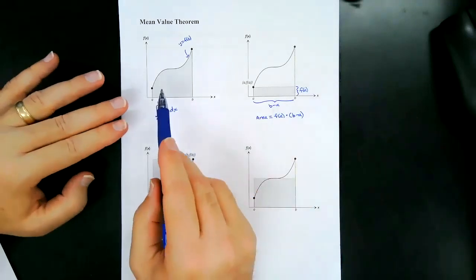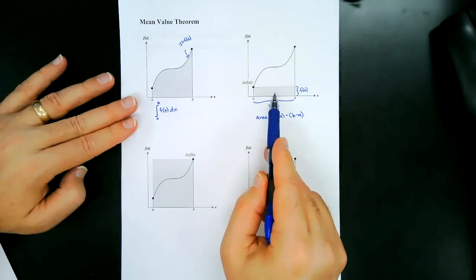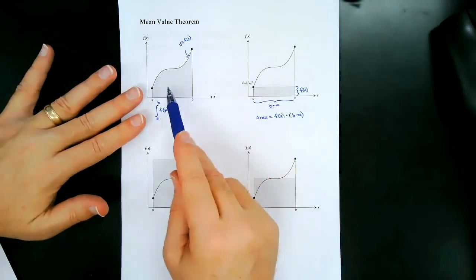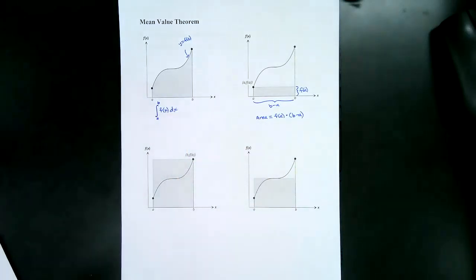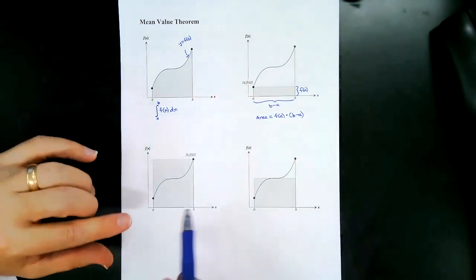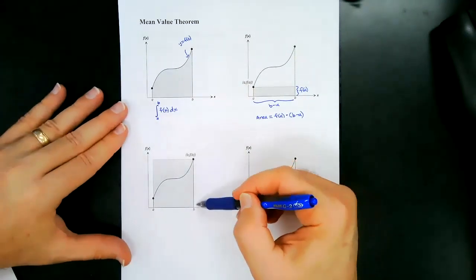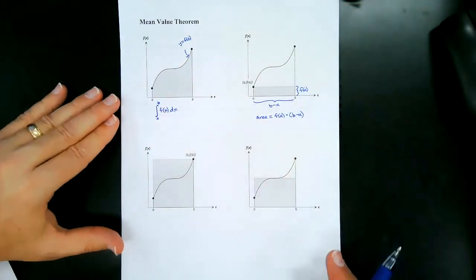Now, this area right here is definitely larger than this one, right? So the area of this rectangle is going to be larger. All of these areas are between A and B. This area right here is also between A and B, but B is right here on the endpoint. I made these so that this one's the minimum and this one's the maximum; it makes it easier to see.